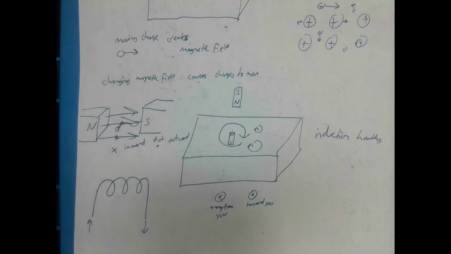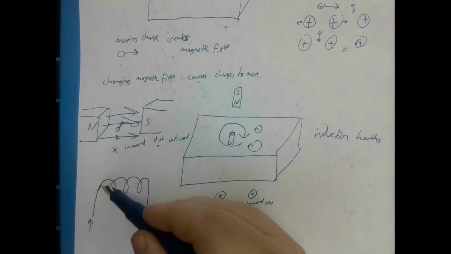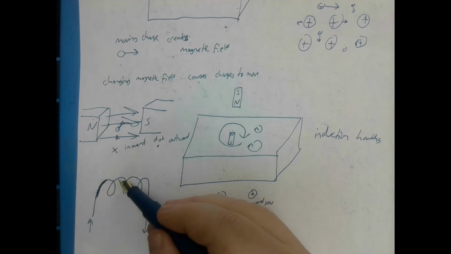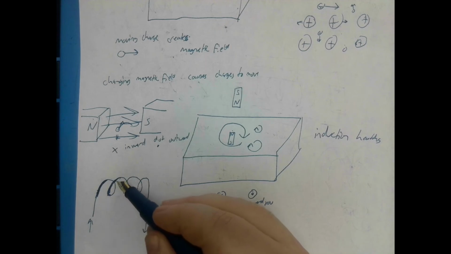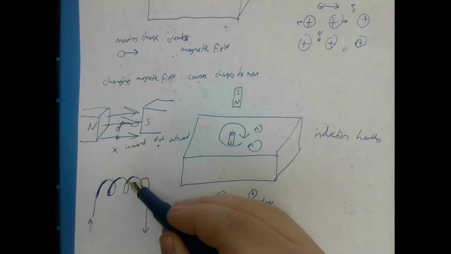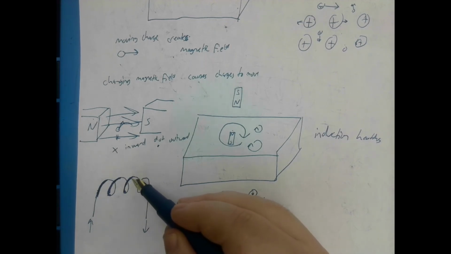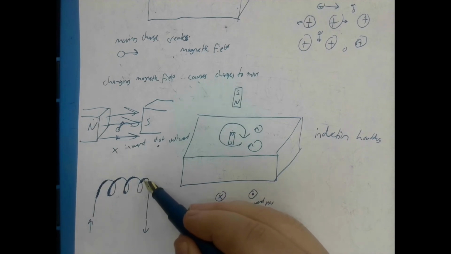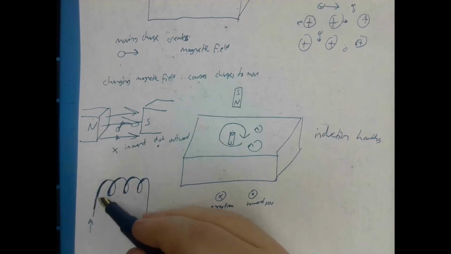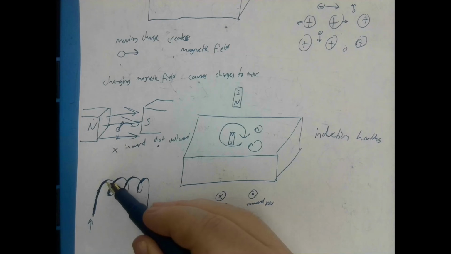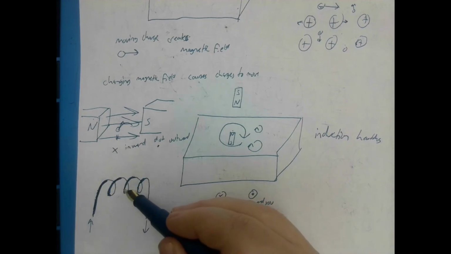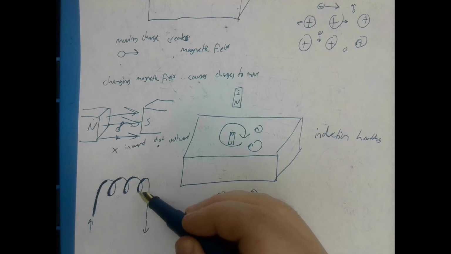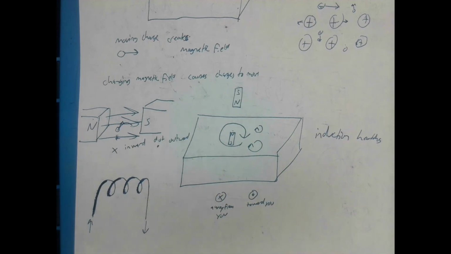So let me shade the closer side. Which way would the current magnetic field be going?